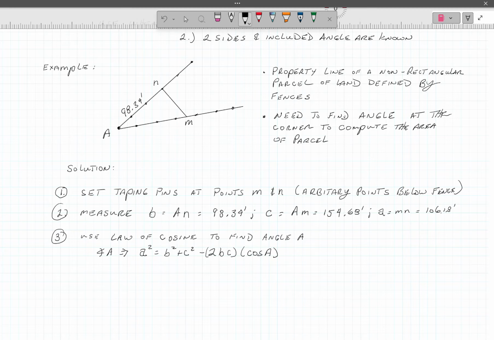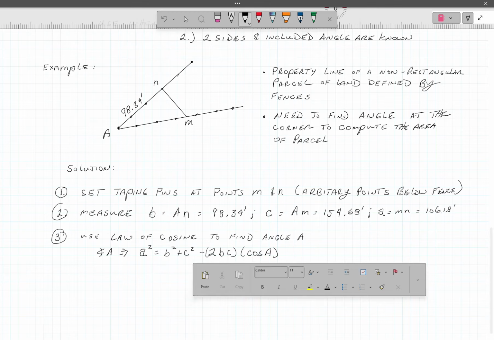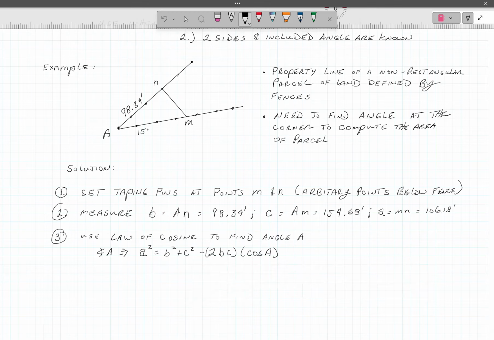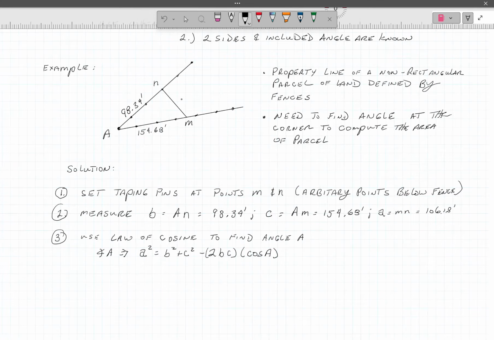Now, put this in terms of the numbers and letters we have up here. As long as I'm up here, this is 154.68 feet, going from A to M. And we know this one is 106.18 feet, because we measured that.